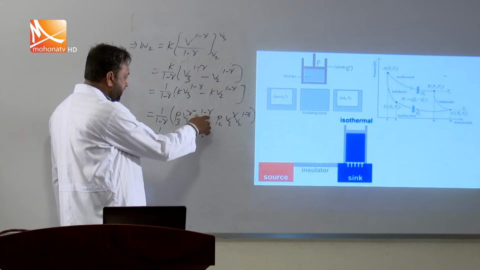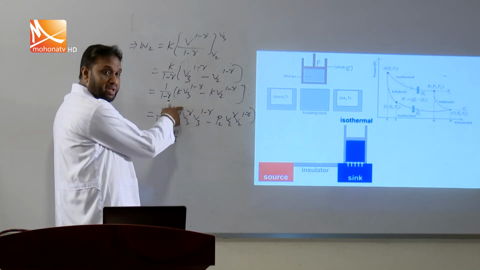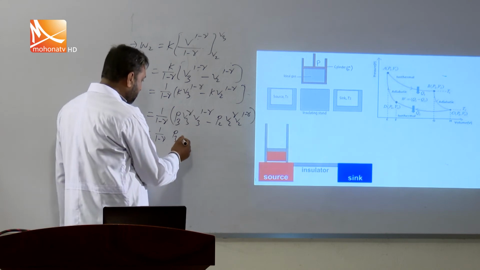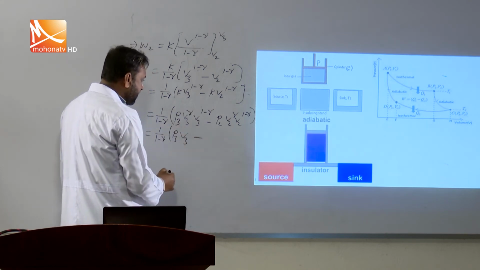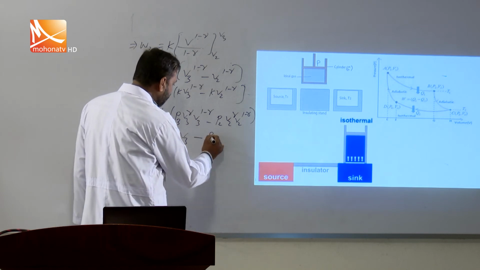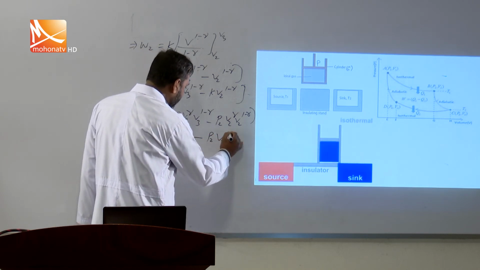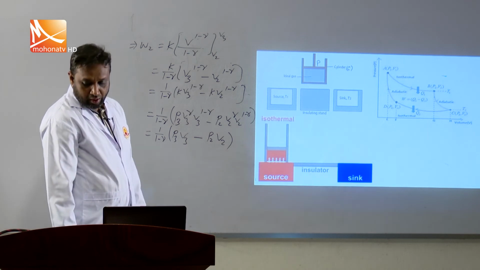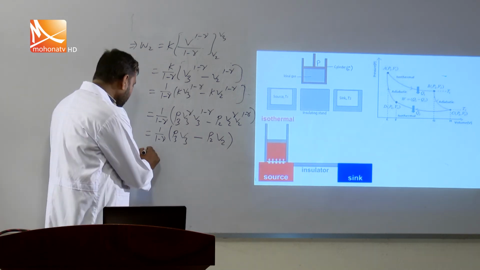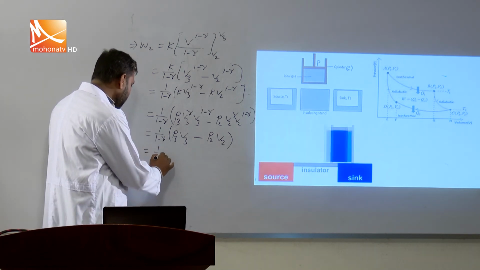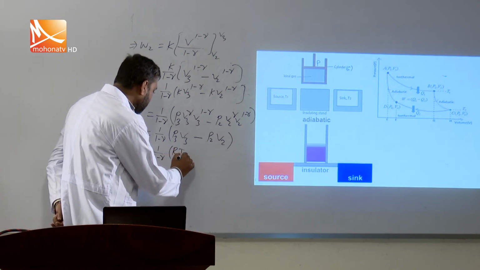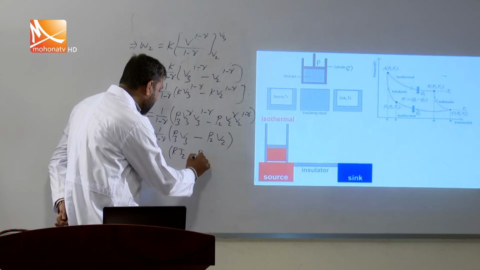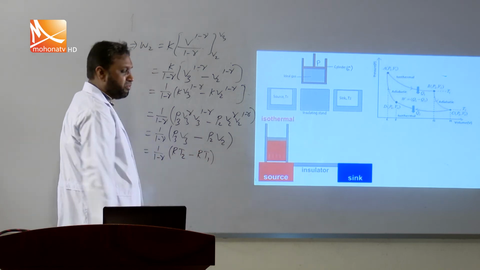Here V to the power minus gamma and plus gamma cancel, so we can write P3 V3 minus P2 V2, similarly, equals 1 by 1 minus gamma, RT2 minus RT1.